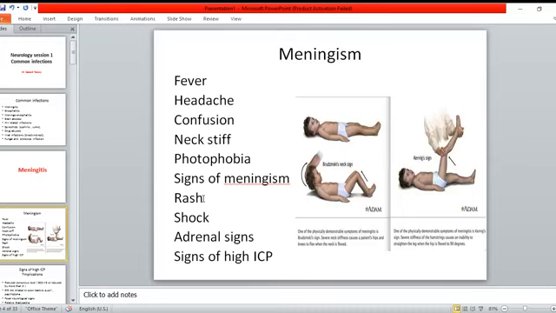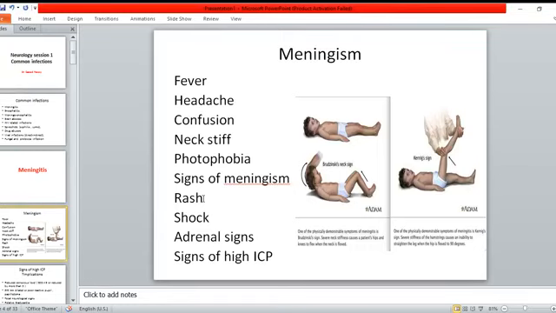Also, if you have a shock, where the systolic blood pressure is below 90, or the diastolic blood pressure is below 60, and the patient is shocked with peripheral coldness, oliguria, and confusion, all signs of shock, you have to think of meningococcal septicemia.